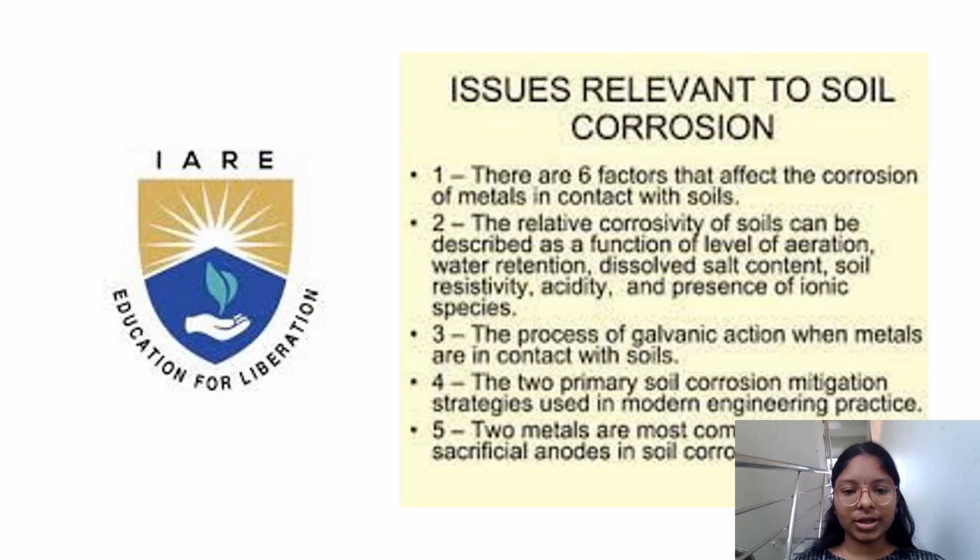Now, the third point is the process of galvanic action when metals are in contact with soils. The two primary soil corrosion mitigation strategies are used in modern engineering practice. Two metals are most common as sacrificial anodes in soil corrosion.